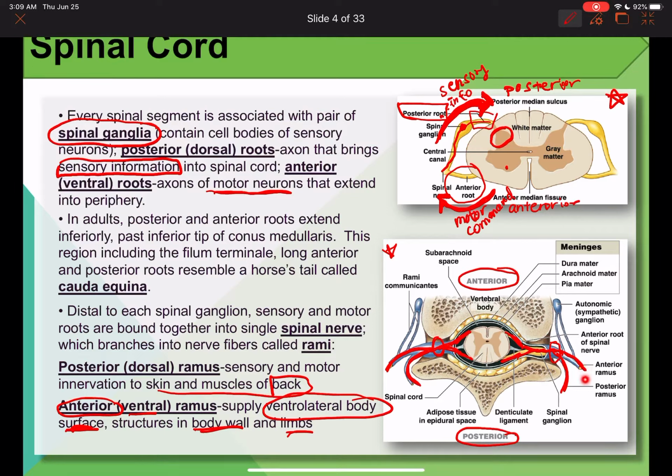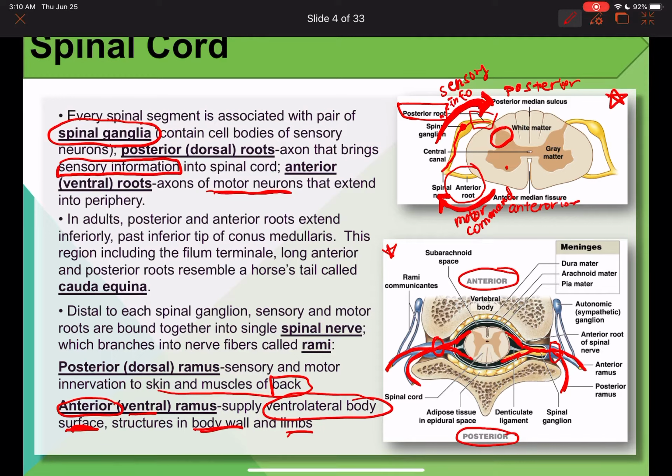So information is going to come through here, anterior ramus, and then it's going to travel towards your posterior roots, because it's sensory information, into your posterior horn, and then come right back out if it's coming from the spinal cord this way in the form of a motor command. If it's pain coming in, then you're going to jerk your hand away. Okay, so I'm going to talk about this whole route that the sensory information, spinal cord, and then the motor command goes when we get to that area.